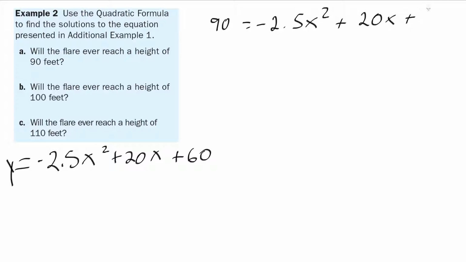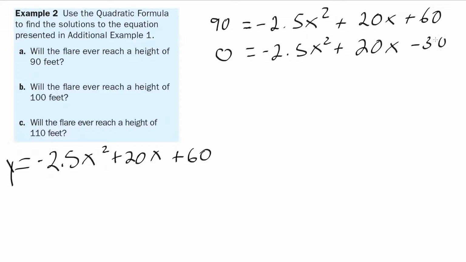Now, to use the quadratic formula, this has to be set equal to 0, so I need to subtract 90 from both sides of the equation. And now I have what I need to solve the problem.